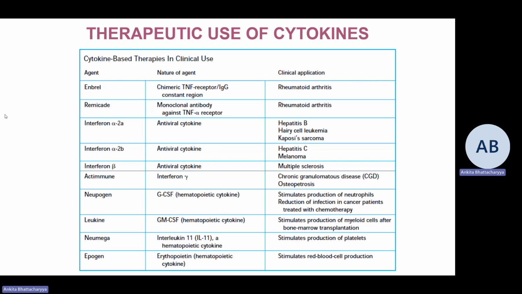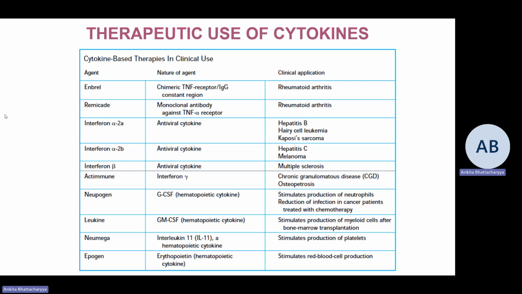So antiviral cytokines have been looked into and in a large number of cases also approved for clinical use. Then you have interferon beta, which is used for multiple sclerosis. That is almost always considered to be a terminal disease because it's very difficult to completely recover from it, and therefore its nature is majorly palliative, if you want to say so.